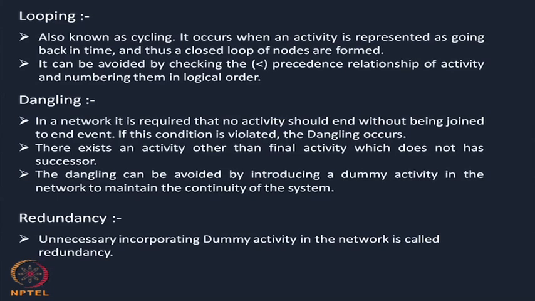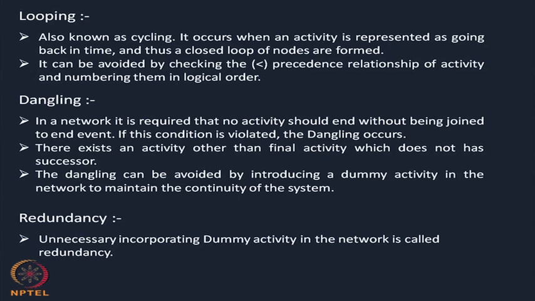Then the next one is dangling. In a network, it is required that no activity should end without being joined to end events. I showed this in the last slide. If this condition is violated, we say that dangling occurs.